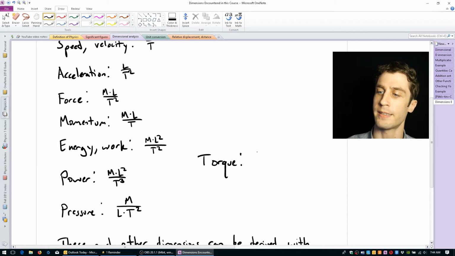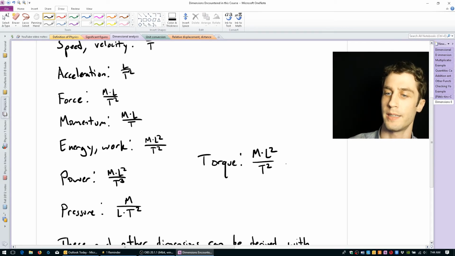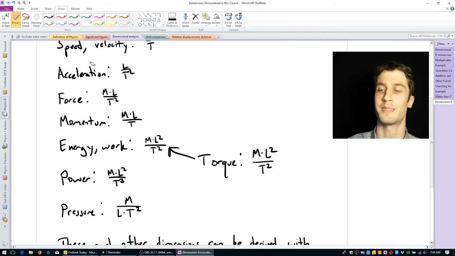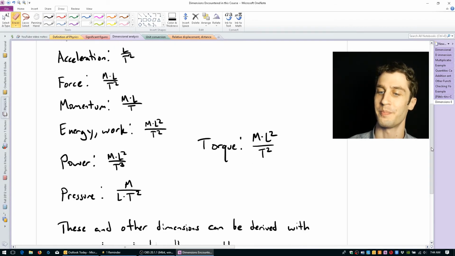Torque is a mass times a length squared divided by a time squared. And so you'll notice that it has the same dimensions as energy and work, but it is a distinct quantity. It's its own thing. All right.